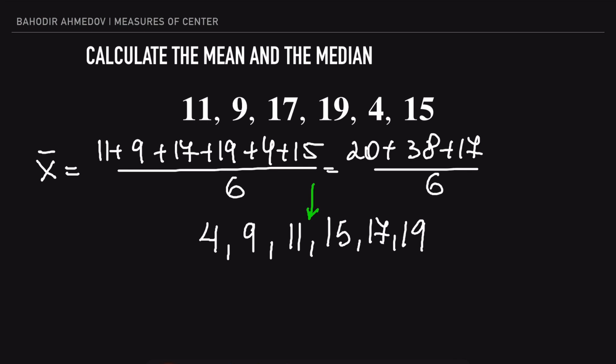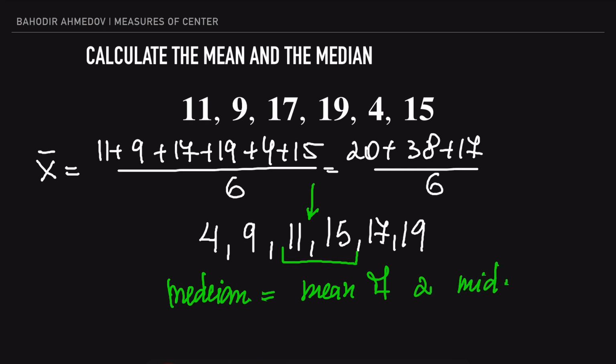So in order to find the median of this data set, we're going to find the mean of these two values in the middle. So the median in this case is the mean of the two middle values.